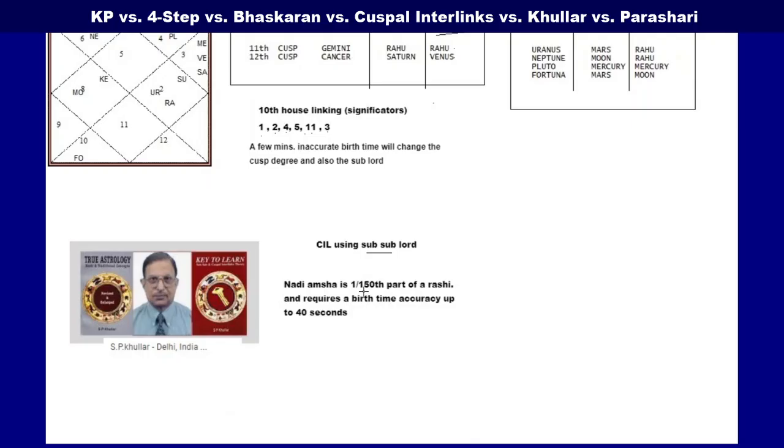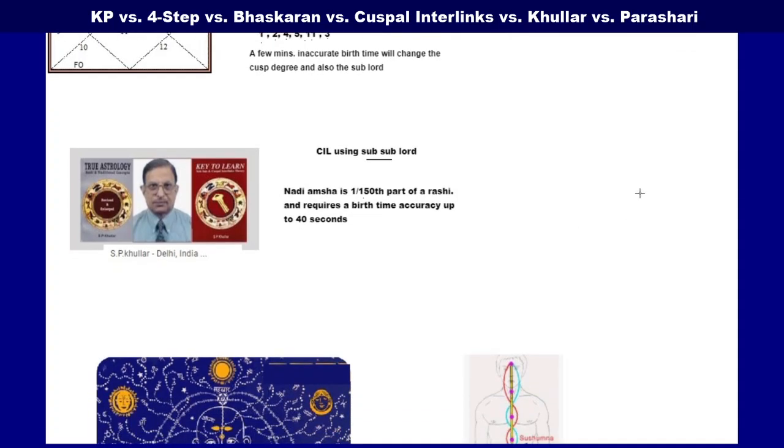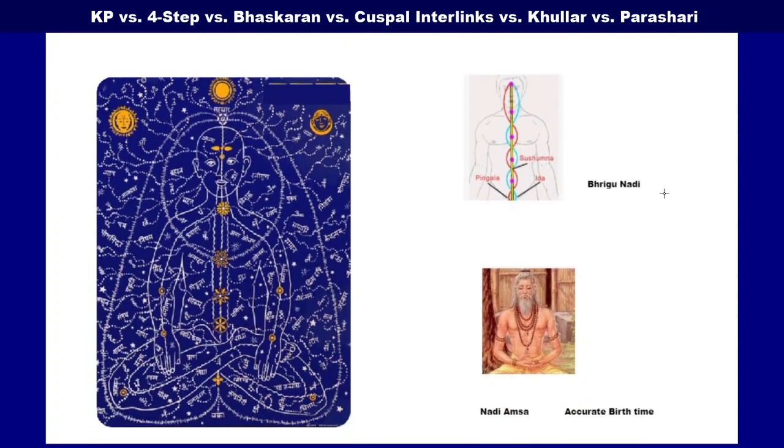So Khullar was trying to stretch this whole cuspal interlink theory and somehow fit it into this Nadiyansh. I found that exercise very weird. Especially in the stellar methodology, a lot of people tend to use this Nadi word. So let me make a slight detour over here and explain what Nadi astrology is, the way I have understood it.